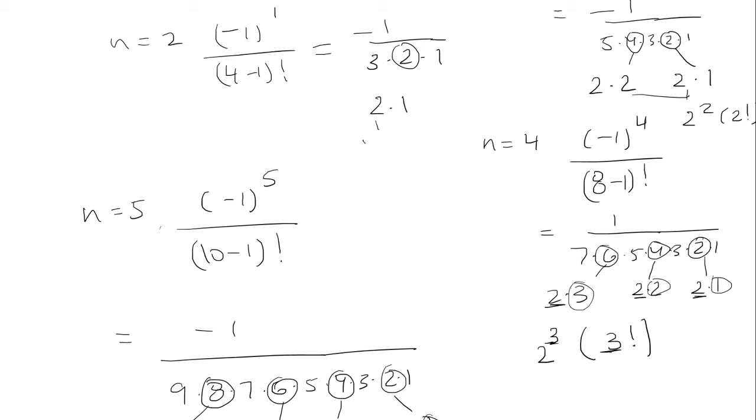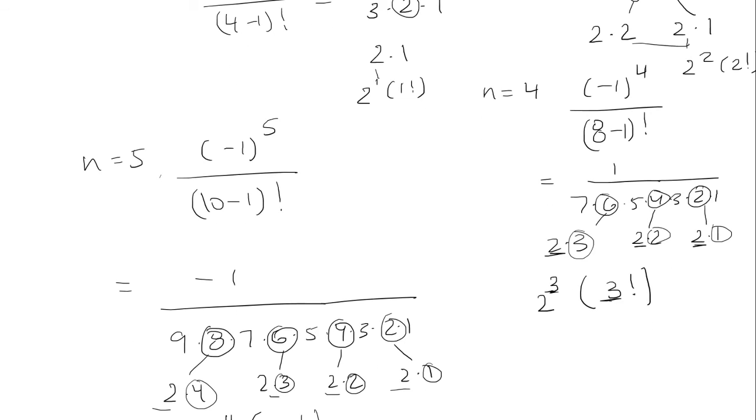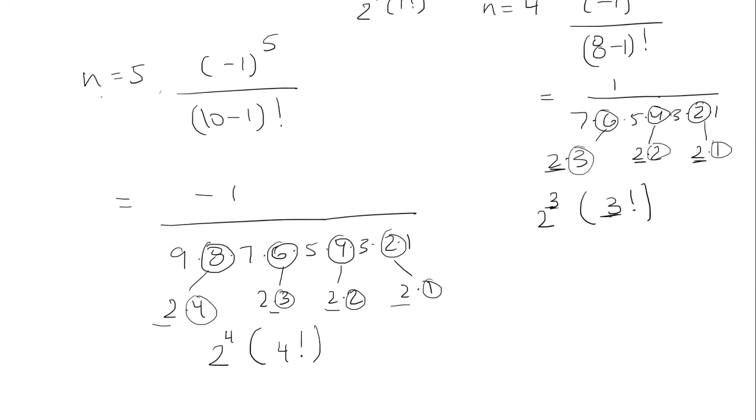And this pattern will be 2 to the first times 1 factorial. Now to put it all together, if n is 5, I have 2 to the fourth, which is 2 to the n minus 1. And in the 4 factorial, 4 is n minus 1 factorial. Okay. So that's what I want to eliminate from the denominator.